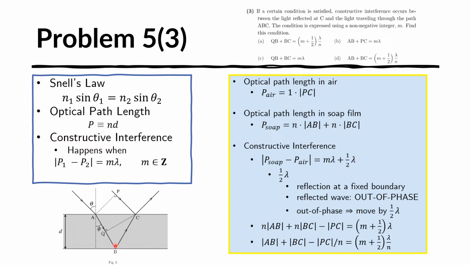If there was no reflection, then we would only have this term here. And now, if we substitute this value here into here, and this into here, we obtain this expression. Now, we divide all sides of the equation by n, and this is what we obtain.